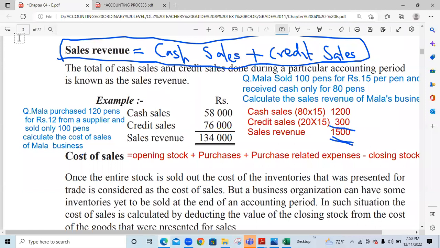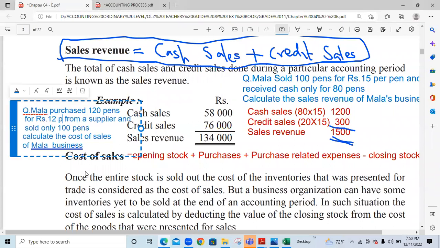What is the cost of sales for Mala's business? Hey, by the way, 12 rupees per pen. Now I'm always forgetting that.